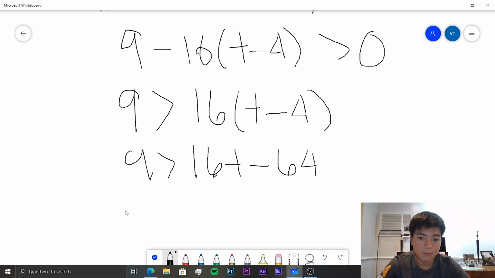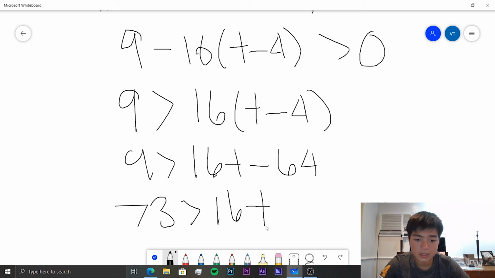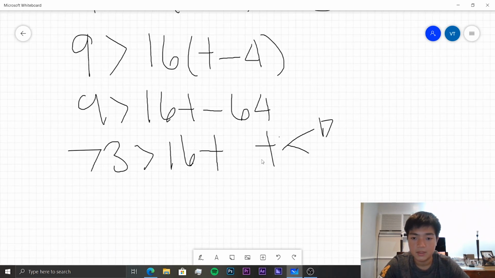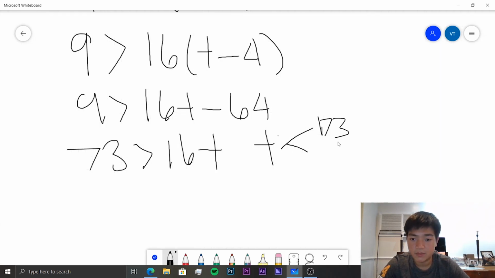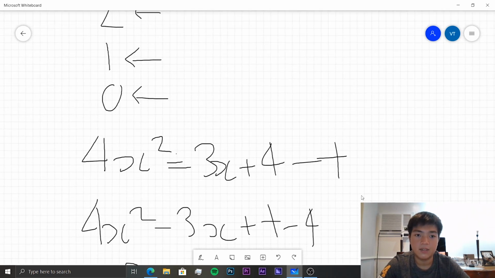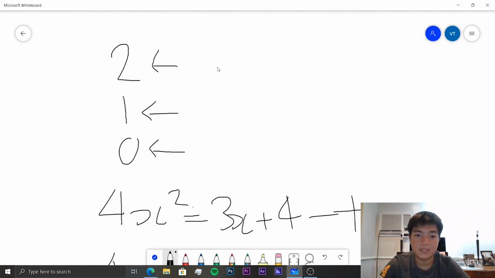This is 73 is greater than 16t, so t is less than 73 divided by 16.